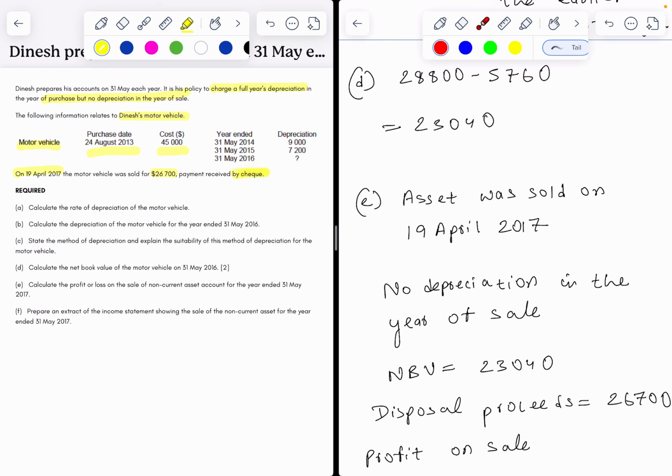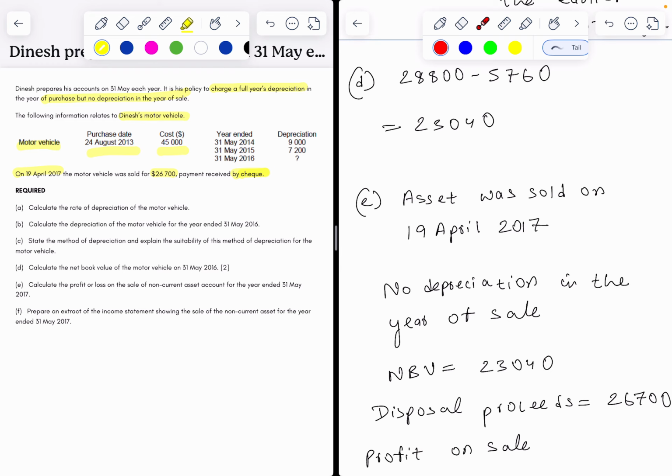Now, the question also clearly mentions in the first paragraph that the business has a policy to apply a full depreciation in the year of purchase and no depreciation in the year of sale. So therefore, in the year of sale, which is the year ending 31 May 2017, we would not calculate any depreciation for this asset. Okay?